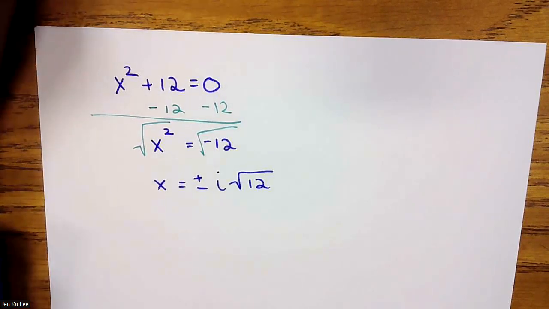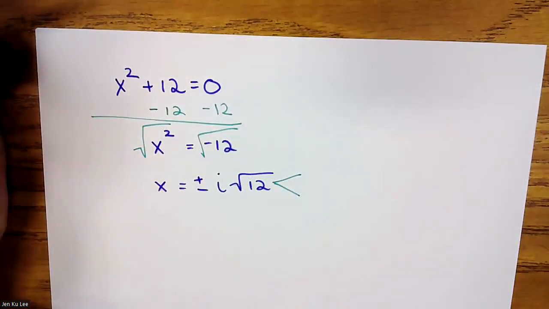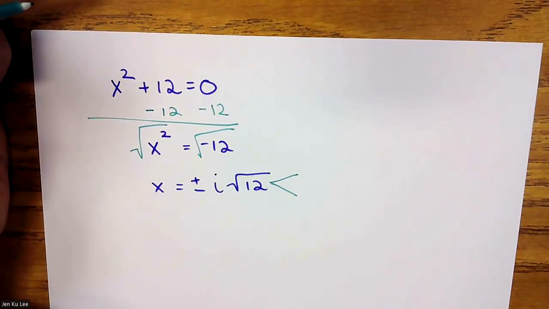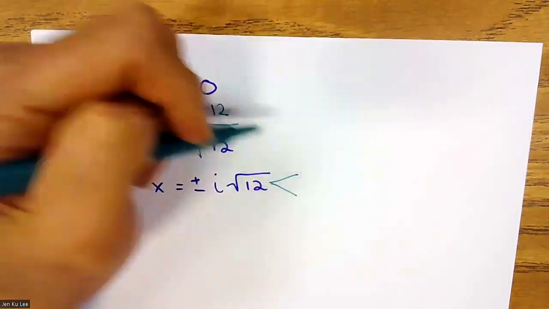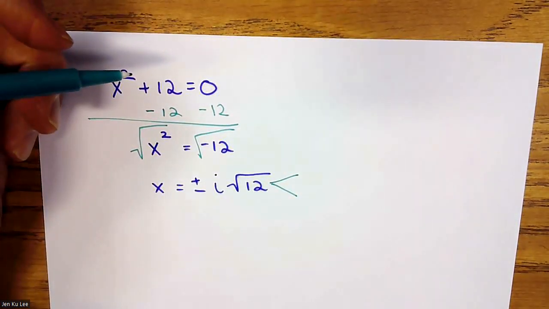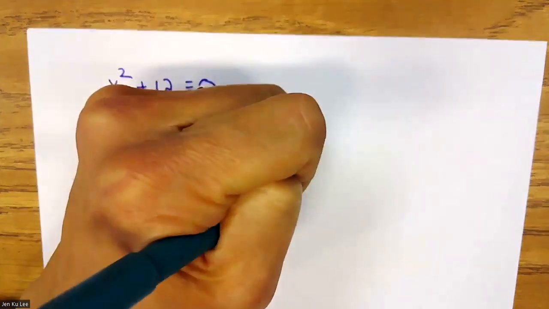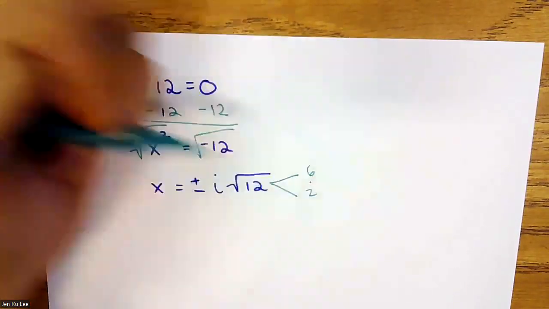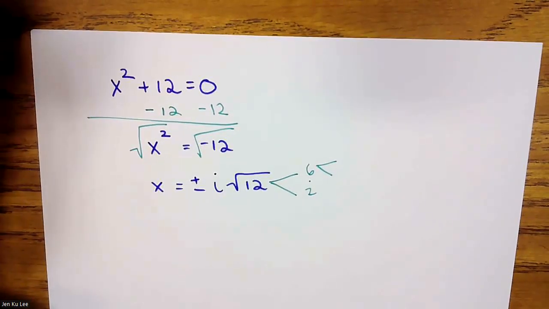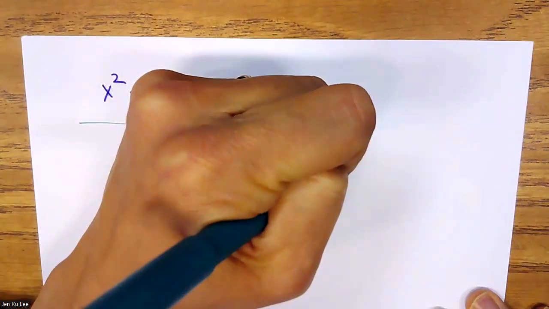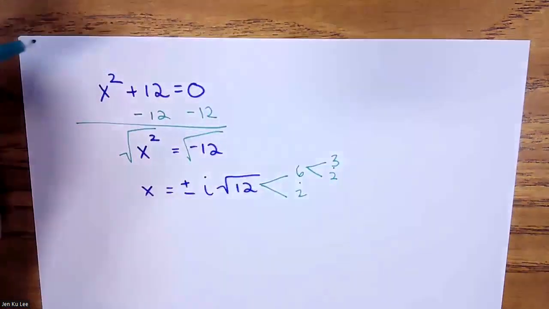Now with this 12, I have to break it down. 12 is what times what? 6 times 2. Okay. 6 breaks down to be 3 times 2, right?